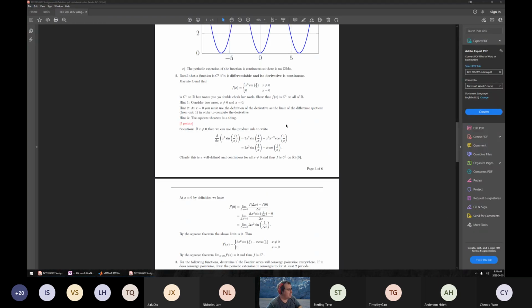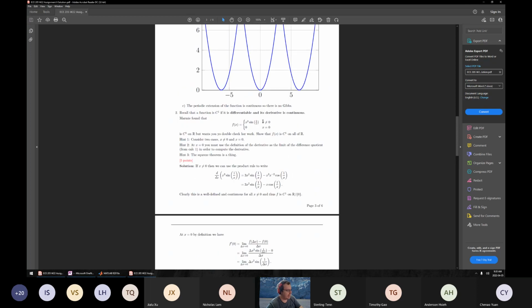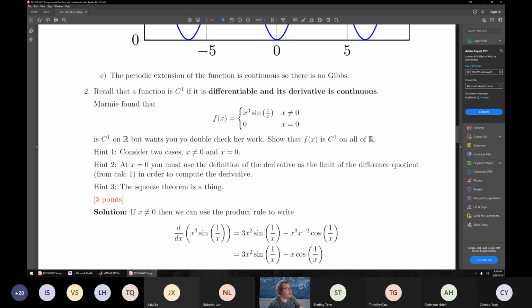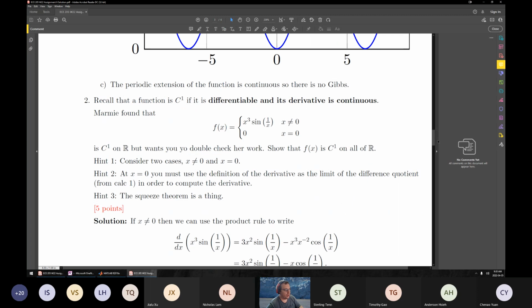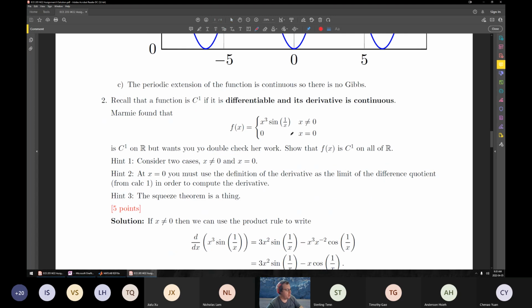But here, if you want to actually test this to be C1, you need to actually compute the derivative, right? So if I want it to be legitimately C1, you have to do some stuff. It's clearly piecewise C1, right? Since this function is differentiable away from 0, I can just do differentiation by parts.